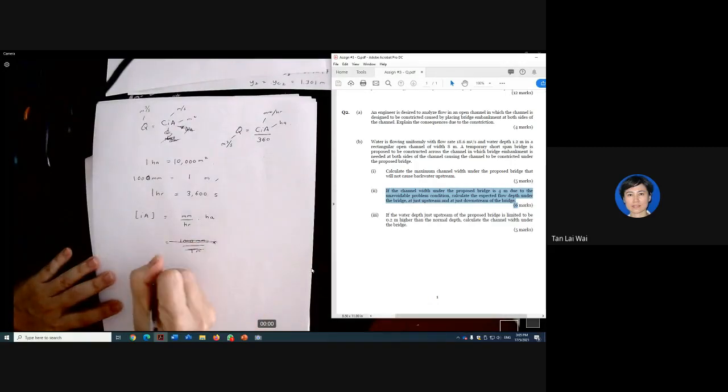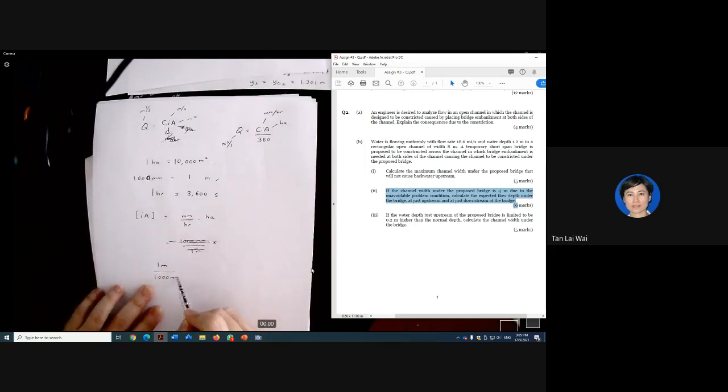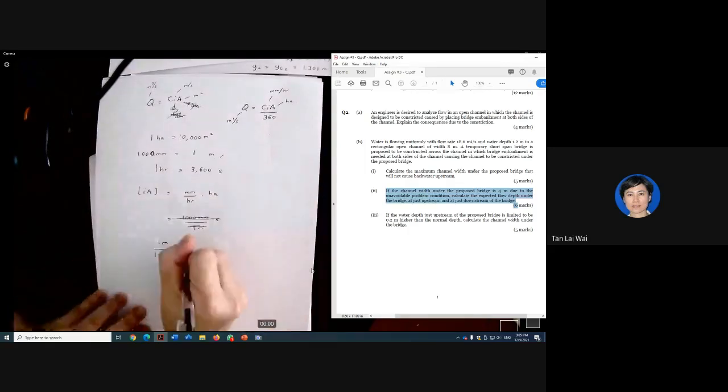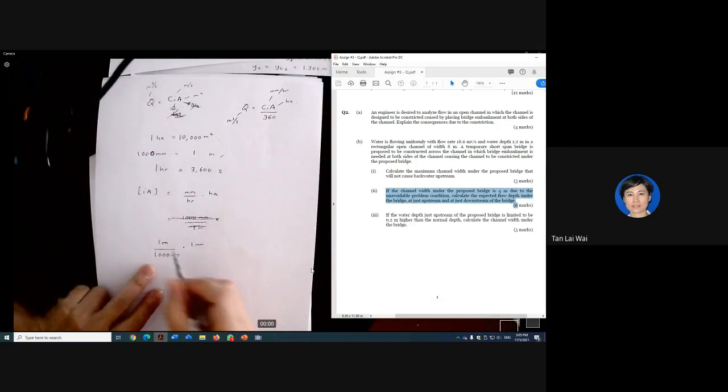So I have 1 meter divided by 1,000 millimeter. This is the same thing, right? This will be equal to 1, so I'm going to times this by it, and I'm going to cancel millimeter. The unit will change to meter.